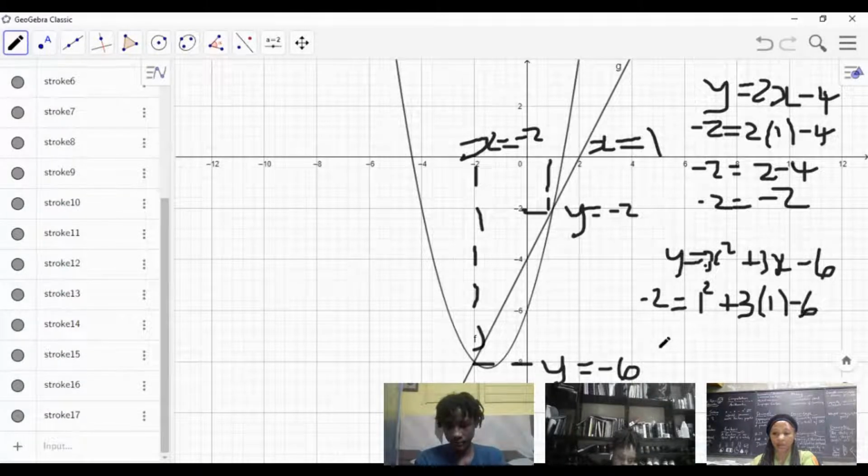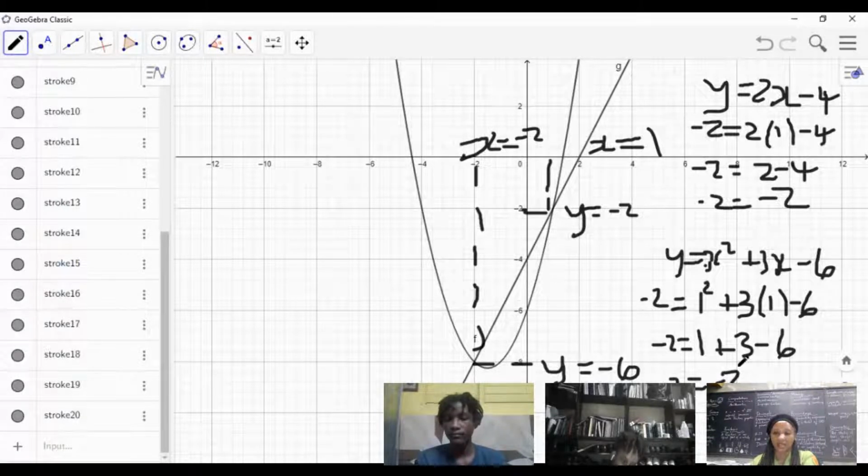Let's see if we get -2 for that. 1 squared is 1, and 3 times 1 is 3. So 1 plus 3 is 4, minus 6 is -2. All right, so these two solutions check out.